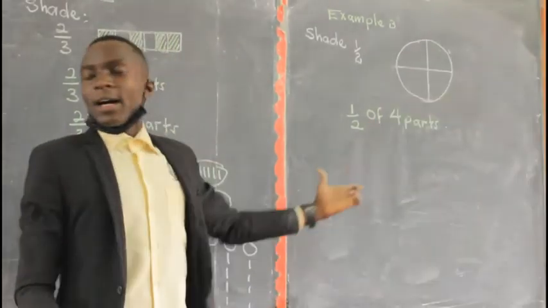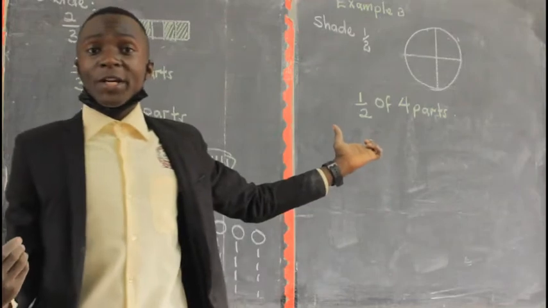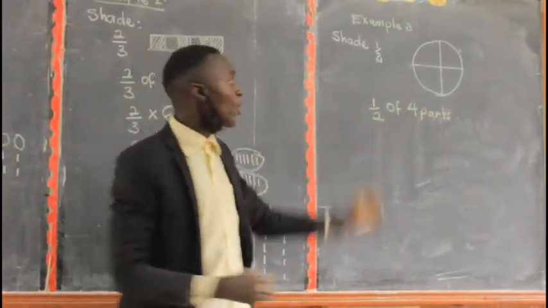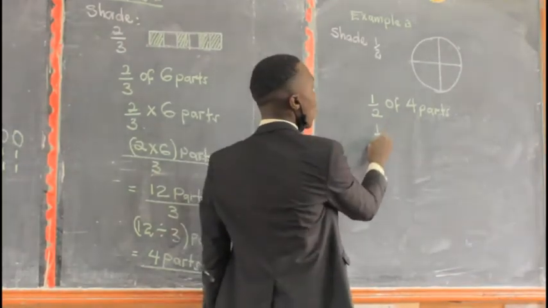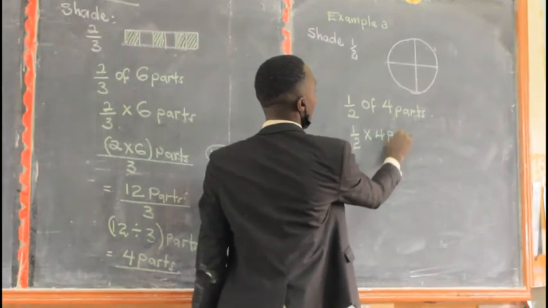As I told you earlier in the first and the second example, the word of in mathematics simply means multiplication. So here I am going to say 1 out of 2 times 4 parts.